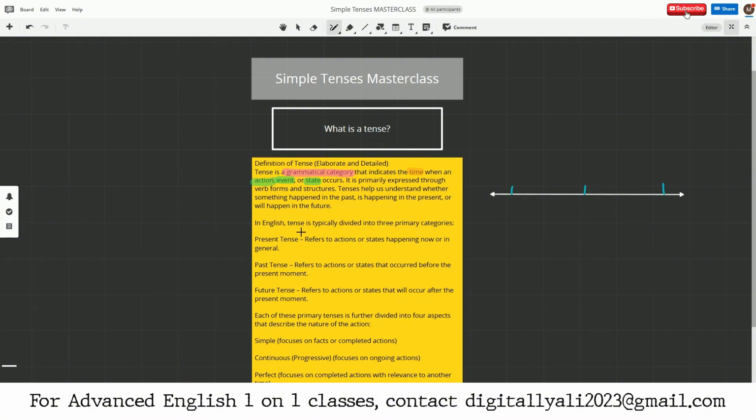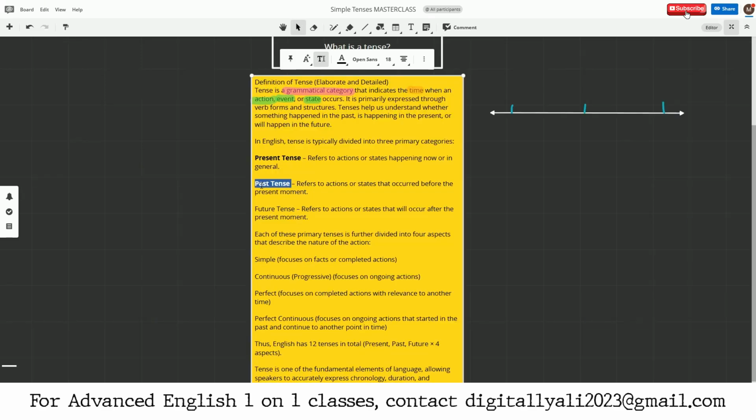In English, tense is typically divided into three primary categories. Present tense refers to actions or states happening now or in general. The past tense and the future tense. They refer to three times: present, future, and the past.